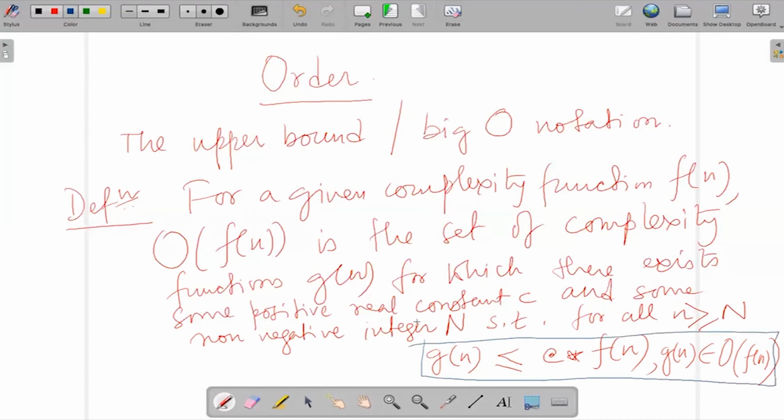So if there exists a set of complexity functions g(n) for which you can find a real constant C and some value of N, such that for all n larger than N we see this condition g(n) less than or equal to C of f(n) to be true, then we say that g(n) is big O of f(n).